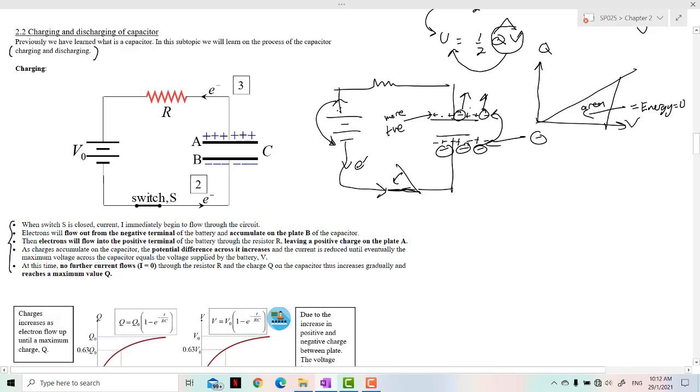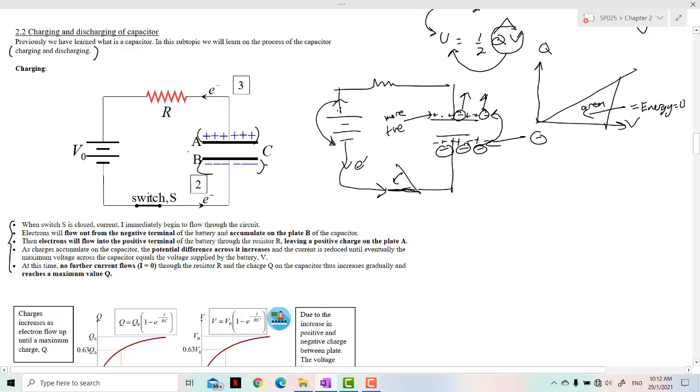The negative here will also go out, travelling to the battery, to the negative plate. So this becomes more and more negative, until it is fully negative and fully positive. So the electrons flow from the negative terminal and accumulate at part B of the capacitor. The electrons at plate A will flow out, because this side is negative, and the negative will push out the negative at plate A.